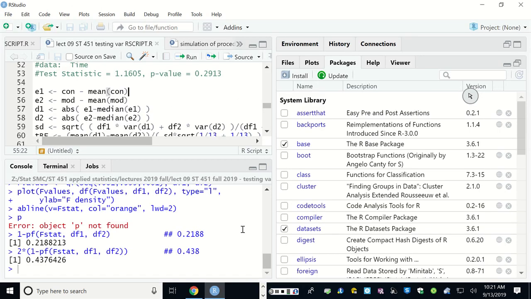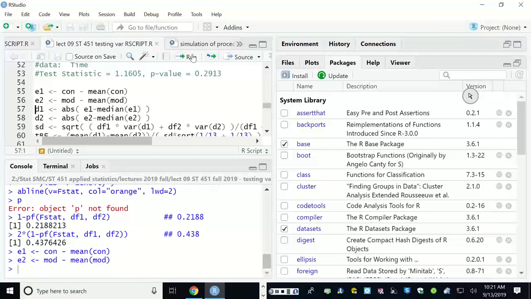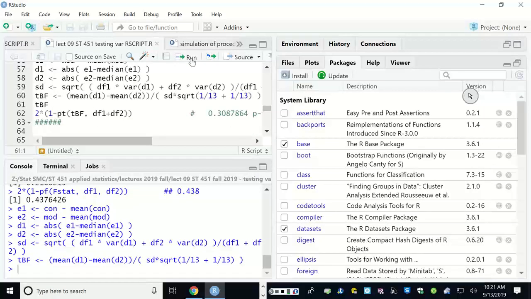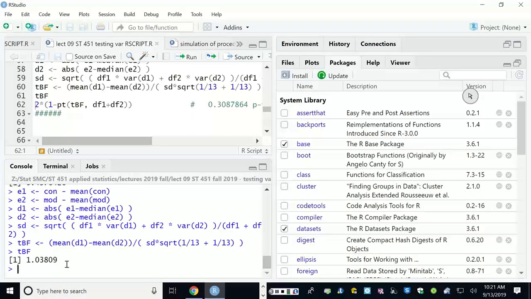If you do that, here's the deviations for that group. Oops. Deviations for the next group. Absolute difference from the median of those things. Standard deviation, this is the equivalent formula for that. T-statistic, and the t-statistic value that I got is about 1.04. So maybe they're doing a little adjustment in there, a little modification somehow. I'm not totally sure exactly what.